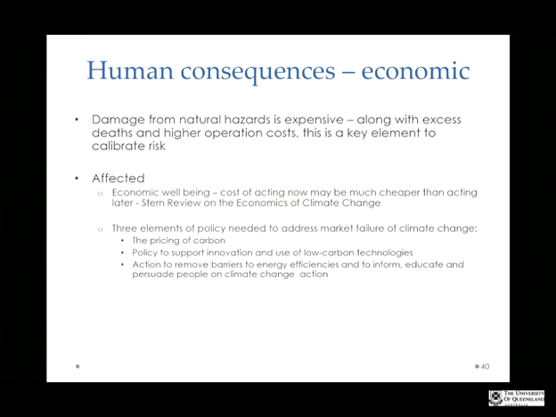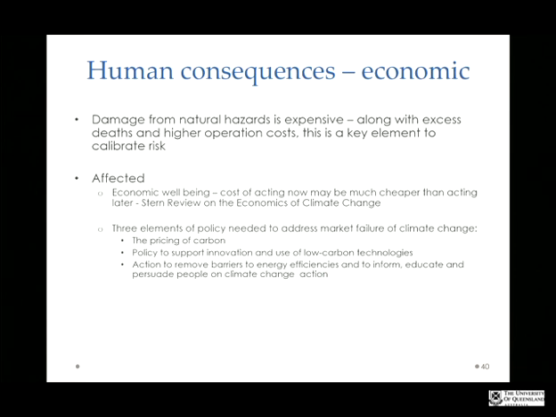And so he called climate change the greatest market failure the world had ever seen, basically. And he said that you needed three things to address it. You couldn't just accept that people were going to do it by themselves or companies were going to do it. So you needed to have a price on carbon that said, if you emit a lot, you pay for it. You needed to have policies which supported the implementation of low carbon technology.